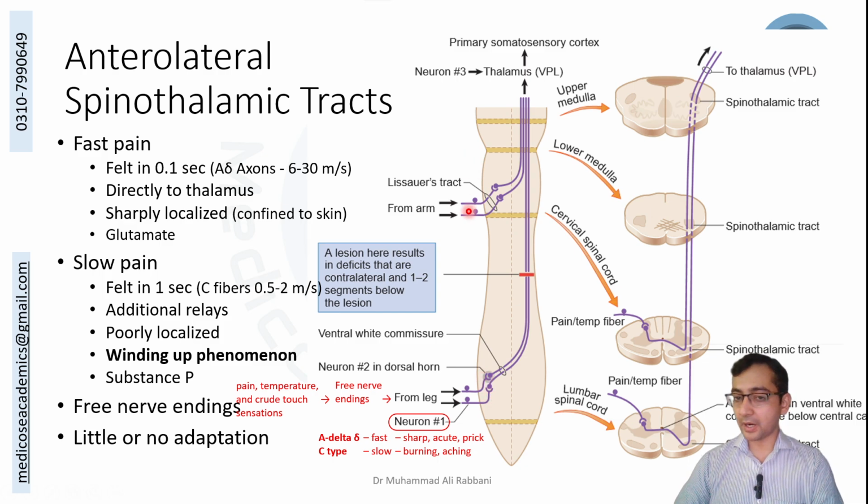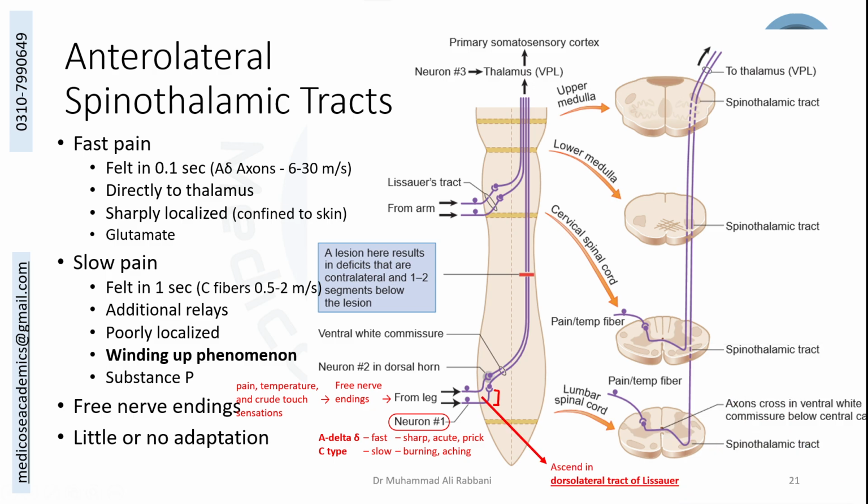So this part, within the spinal cord, the first order neuron changes its height, it changes its segment. This is called the track of Lissauer, the dorsolateral track of Lissauer. So it is still the first order neuron.